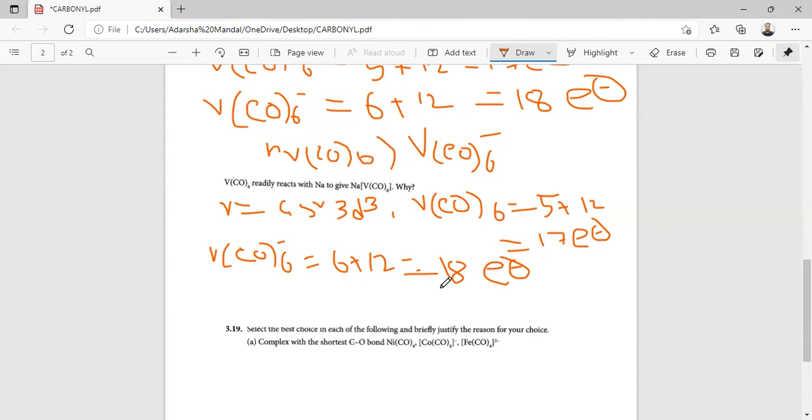That's why V(CO)6 reacts readily with sodium, to fulfill the 18 electrons in the valence shell.